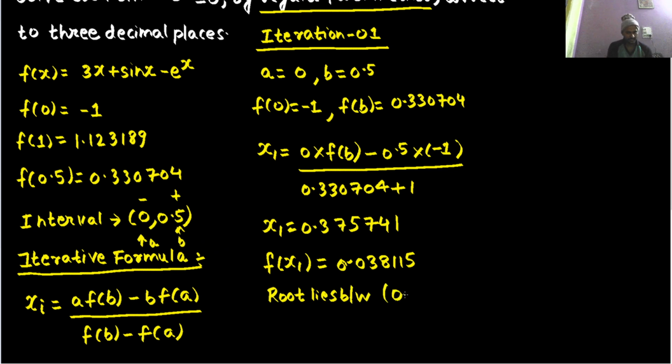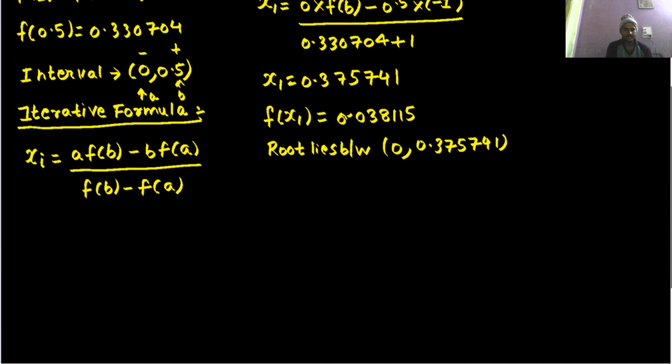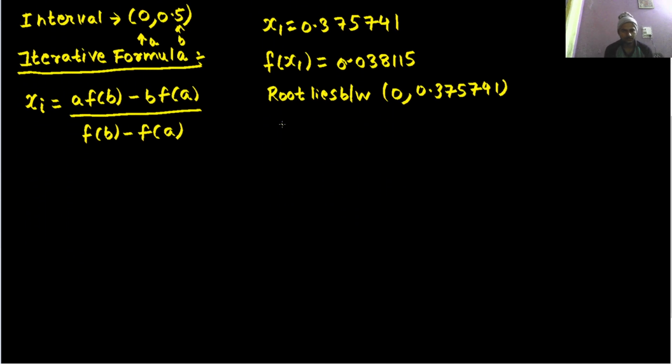So now the root lies between 0 and what was x1, which is 0.375741. First iteration is done. Let's move to the second iteration. Iteration number 2.